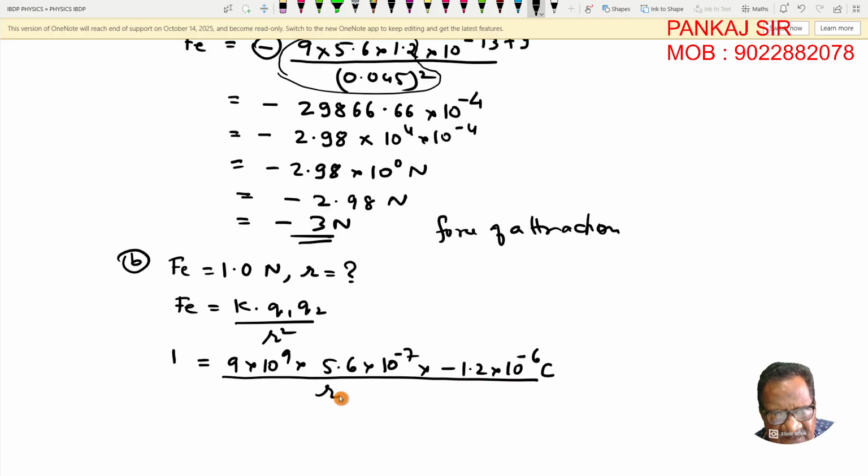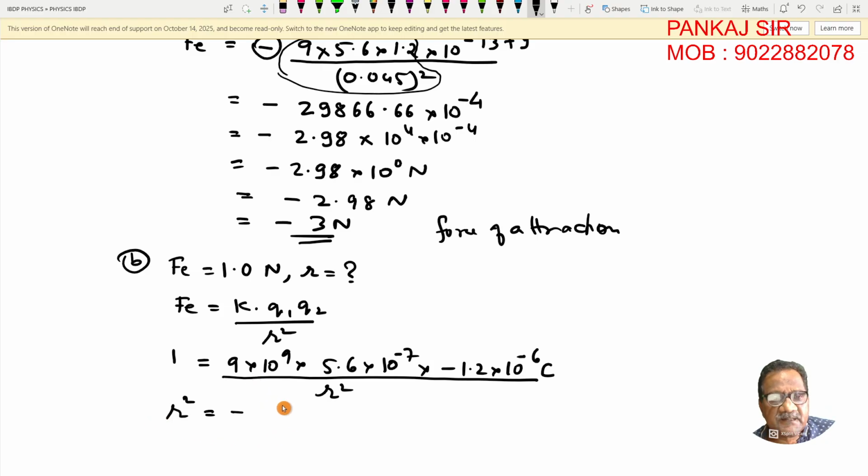Now R is something that we have to find out, right? If I bring R square over here, the formula becomes R square is equal to the whole thing. You have to arrange it. Okay, so first let us take care of the charges, I mean the sign. So this is negative. So you will get a negative over here. Okay, that you should get.